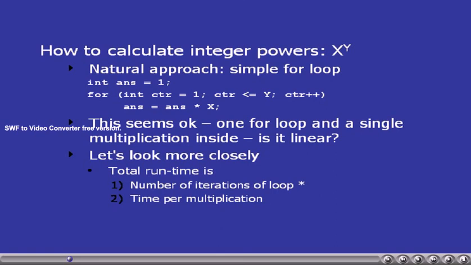This seems okay and also looks immediately that the complexity is proportional to y, order of y. Of course, complexity in terms of number of multiplications, it is y. However, if you take the multiplication complexity into account, then we have to worry about how much time is required for carrying out one multiplication also.